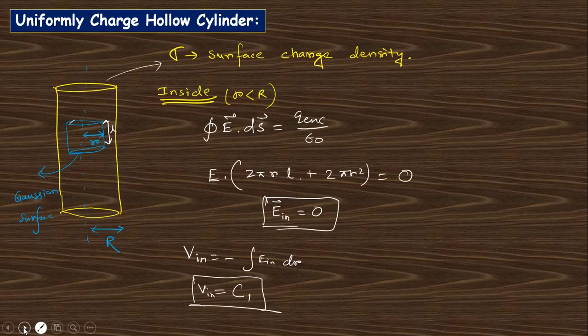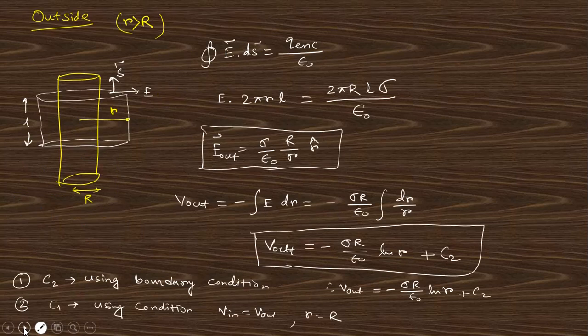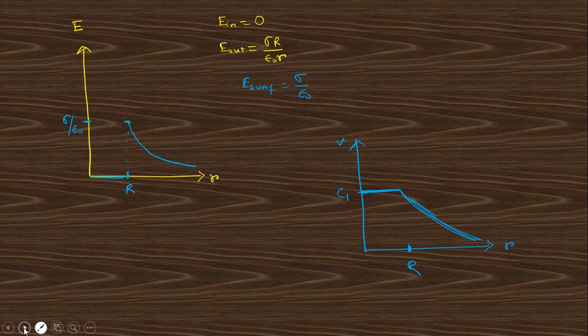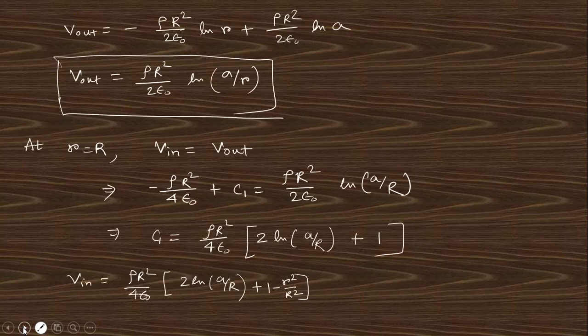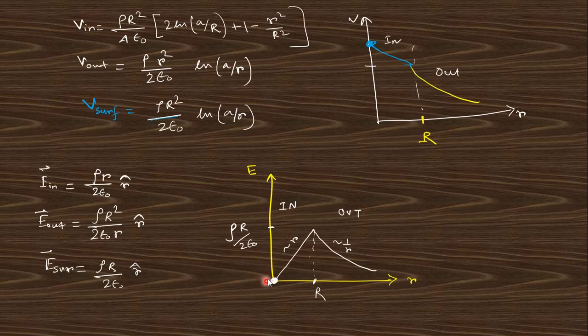For a uniformly charged hollow cylinder, the electric field inside is 0, outside it varies as 1 by r, and the potential varies as ln r, and their corresponding curves will be like that. For a uniformly charged solid cylinder, the electric field varies linearly and then decays as 1 by r.